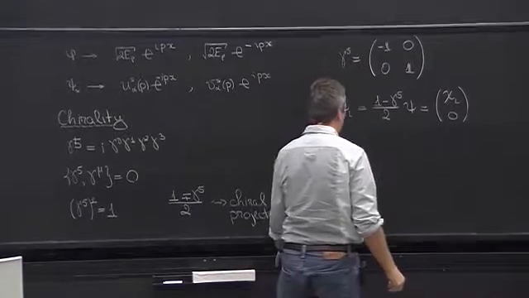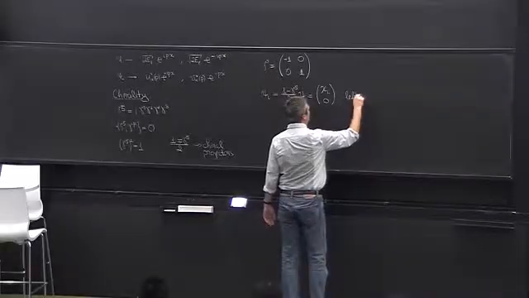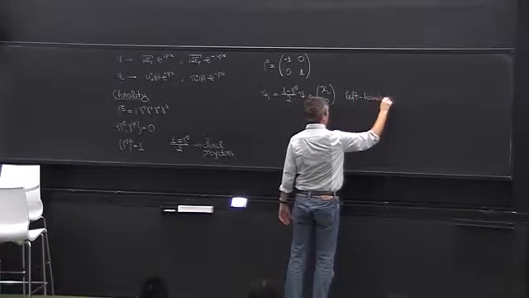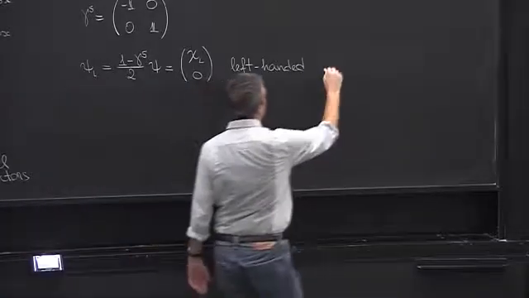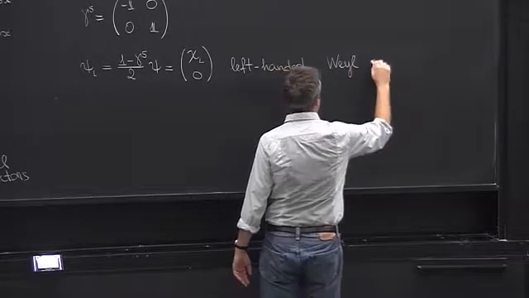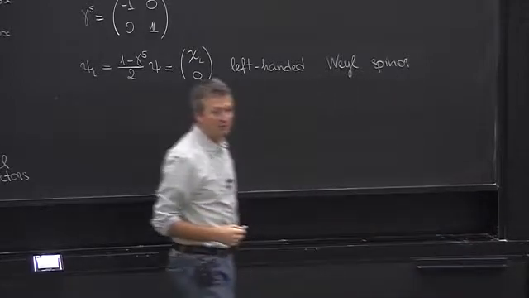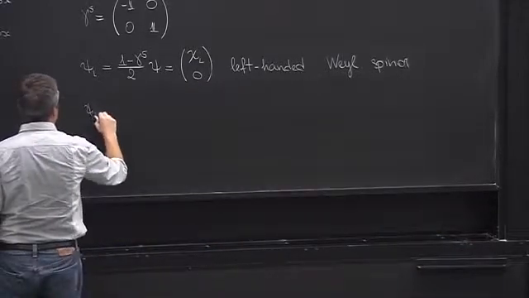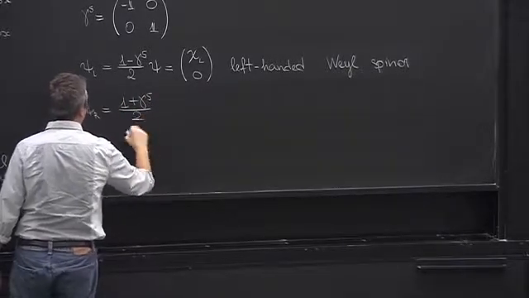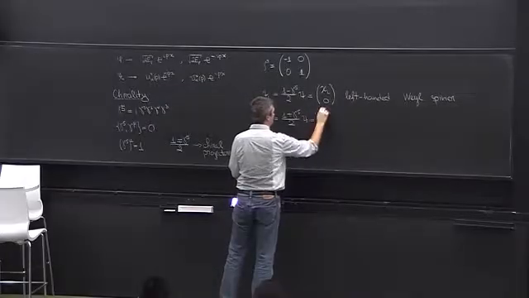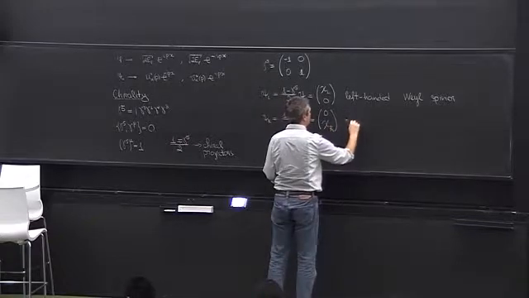This we call left-handed. It is a two-component spinor, and two-component spinors are usually called Weyl spinors. Likewise, we can define the right spinor if we take the opposite sign in the projector, which leaves only the lower components. This would be the right-handed spinor.